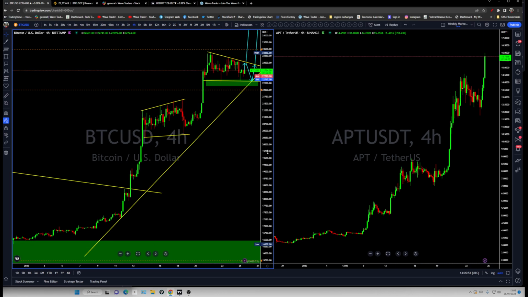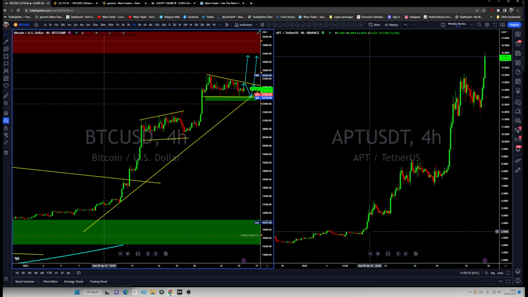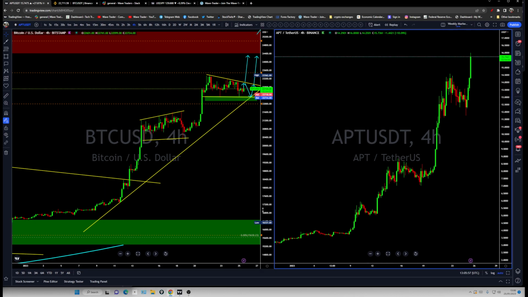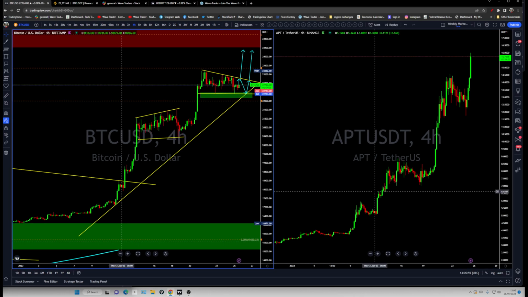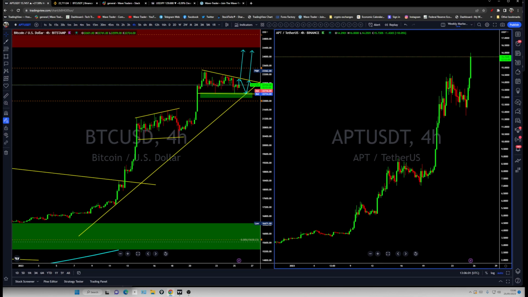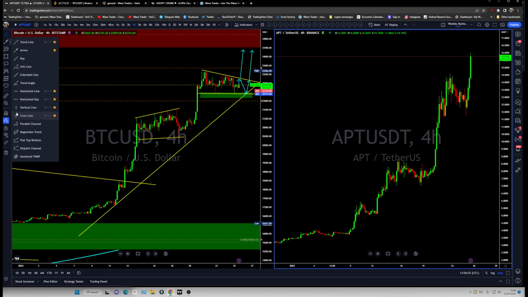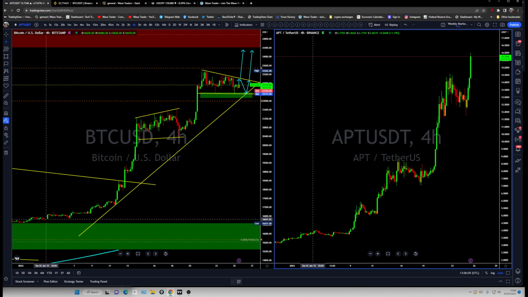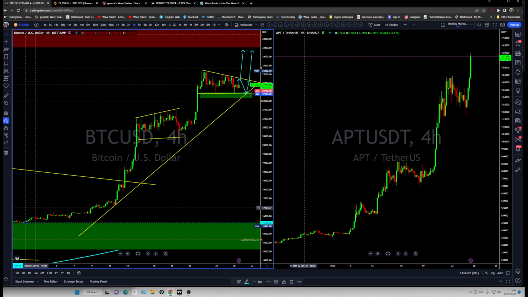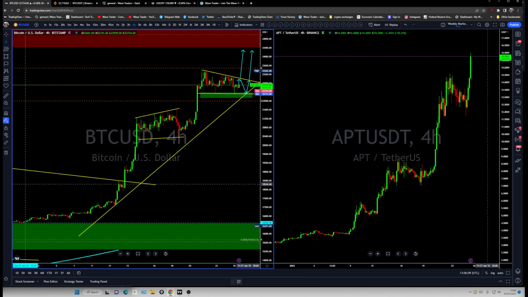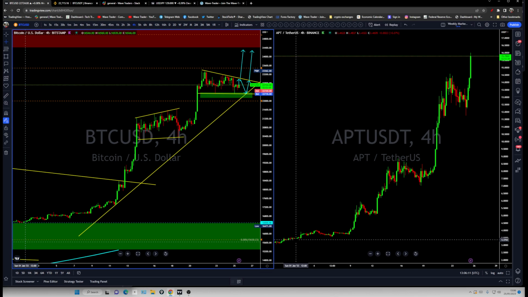There we can see that we have almost strength on Bitcoin and on APT at the same time. If I'm going to pull out a cross line, let's just put it somewhere there, and somewhere there too.